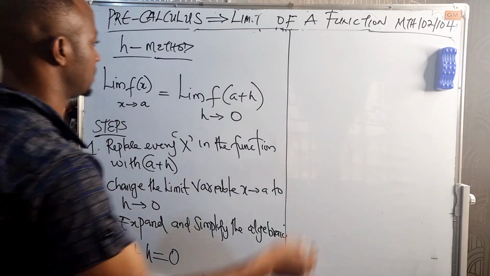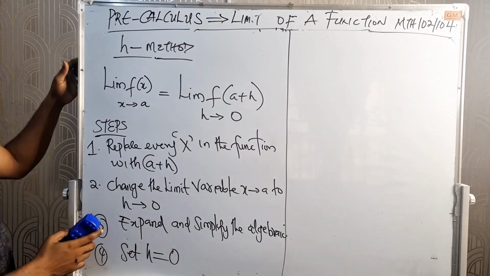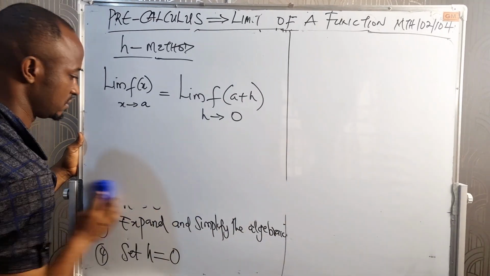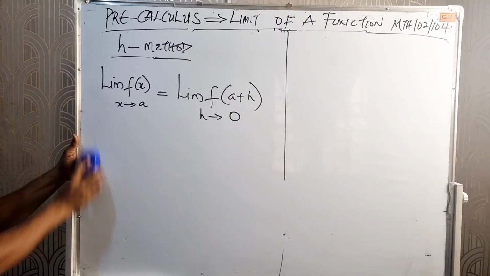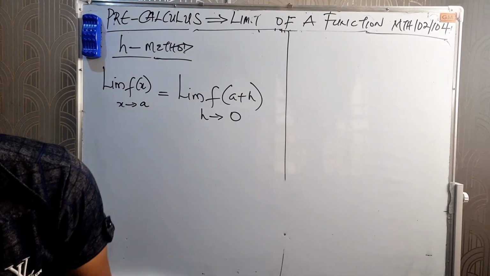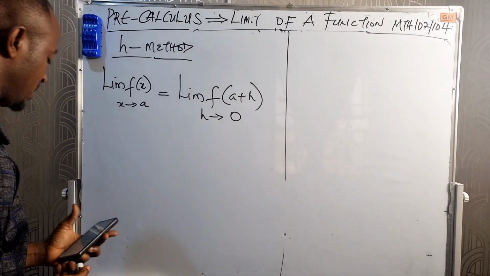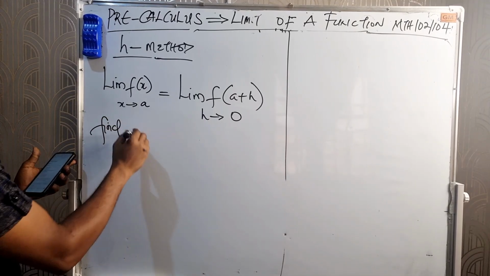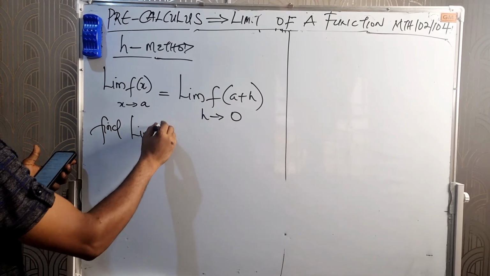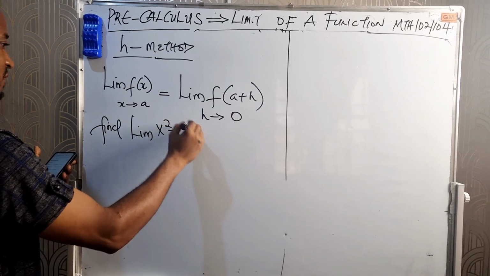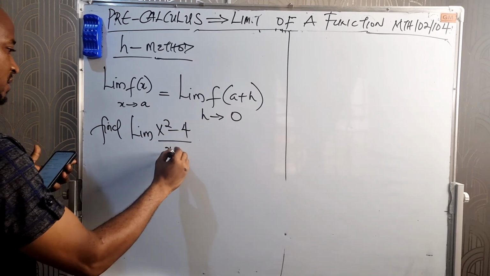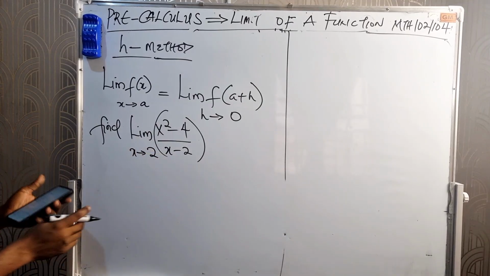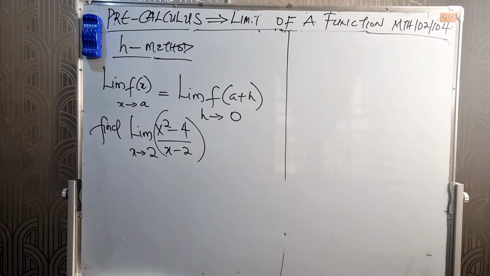Now let's see an example. If we are given this example, find the limit of x squared minus 4 divided by x minus 2 as x is approaching 2 using the h method, right?